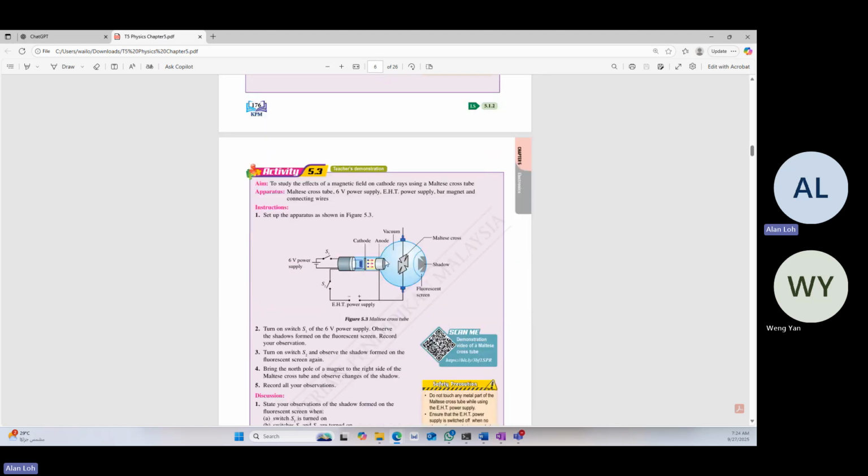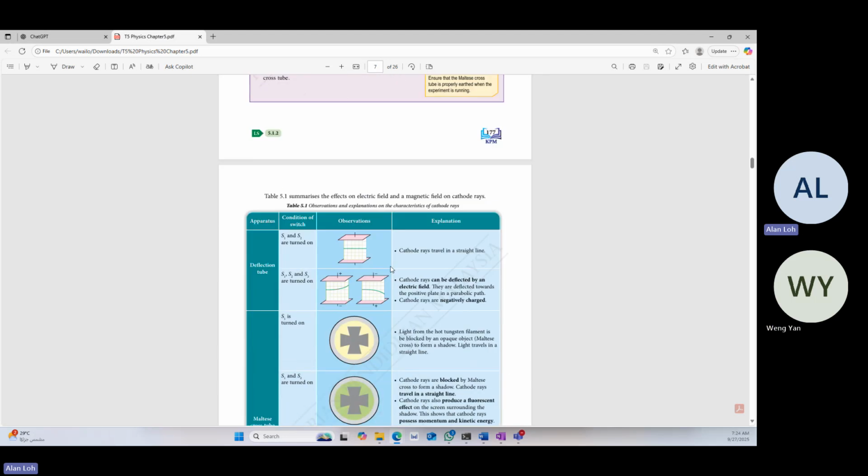If the electron is not moving on a straight line, then you will not see a shadow, because those electrons that are not able to pass this cross will collide with the cross. So you do not see the light coming through the cross because the electron doesn't pass the cross. So that is to explain the characteristic of electron. It's negative. It is moving on a straight line.